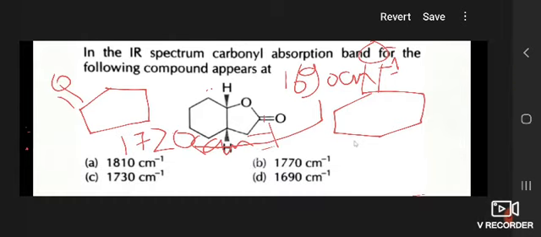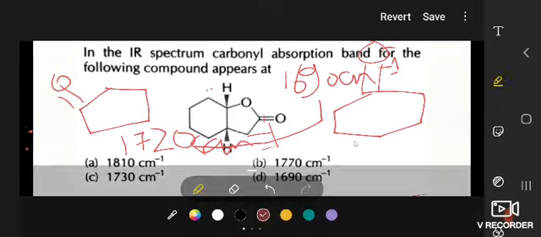So this is a very simple thing. As the ring size decreases by 1 carbon, you have to add 25 to 30 units to the IR stretching frequency. That means the IR stretching frequency increases as the ring size decreases.